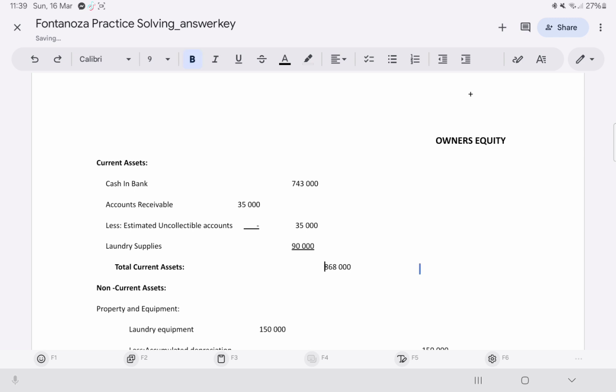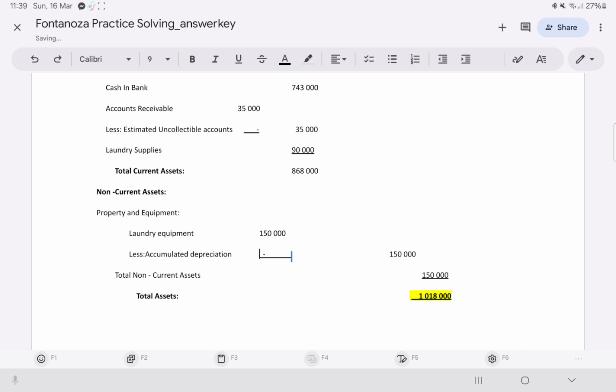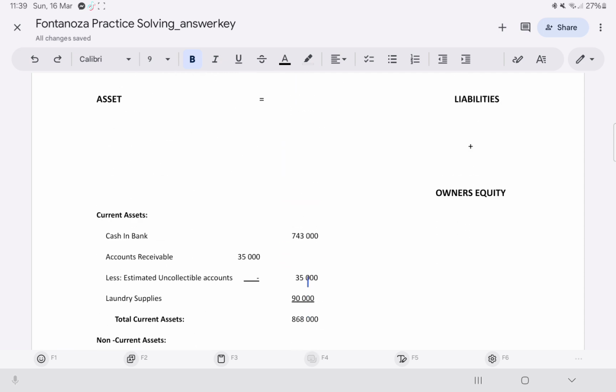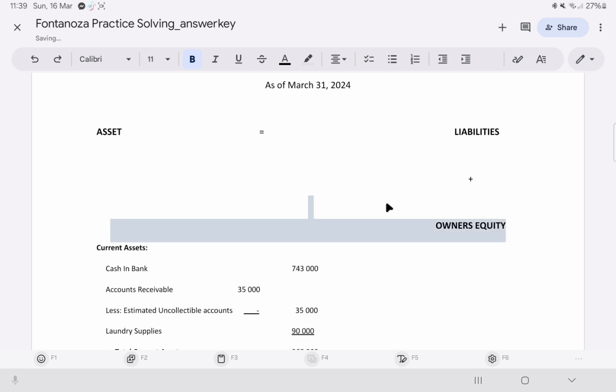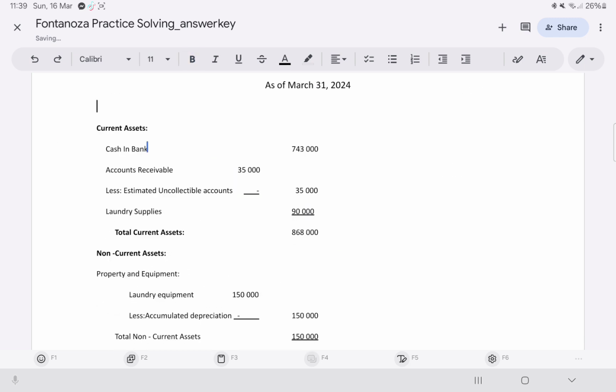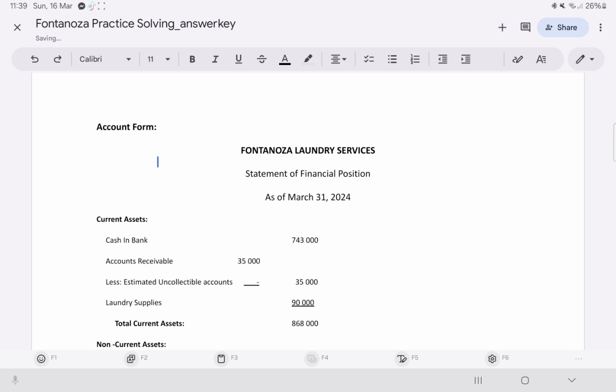So this is the format. This is the format of the horizontal, and the liabilities plus owner's equity.